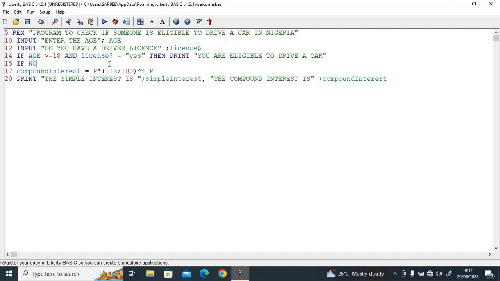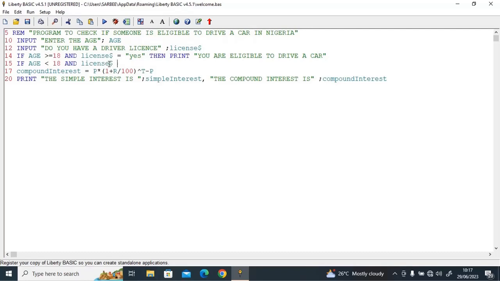What is not? I think not. It's giving me no. Let me just say okay. If age is less than 18, and license, I should be able to use not. I don't know why the sign is not changing. That's why I'm scared of using it.